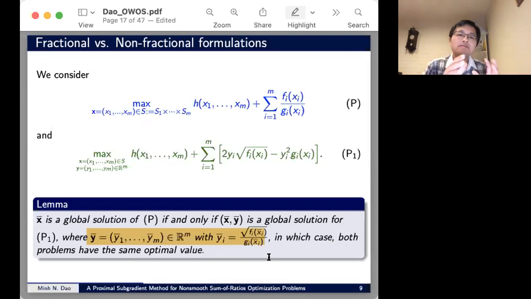We also have some relationship between the stationary points of both formulations. And from this, we may think that the methods for solving P are related to the methods for solving P1, right?